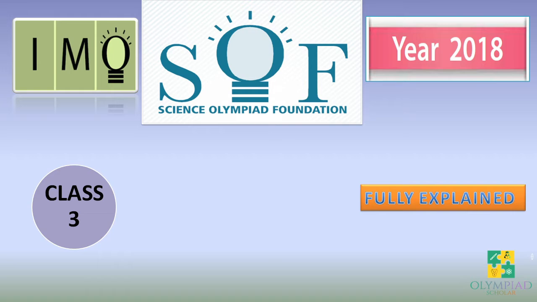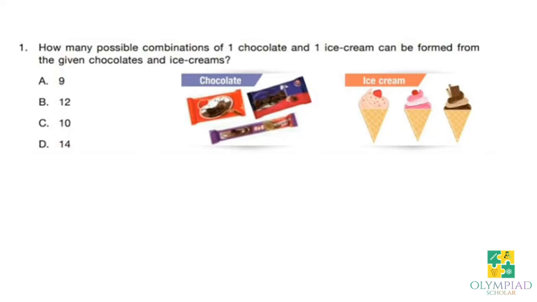So with that, let us start the tutorial from the first question. Question number 1. How many possible combinations of one chocolate and one ice cream can be formed from the given chocolates and ice creams? As you can see, there are 3 chocolates and 3 ice creams. To make combinations, let me do it like this.